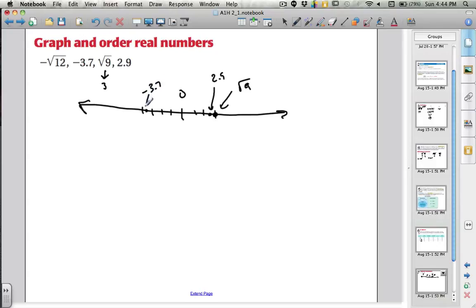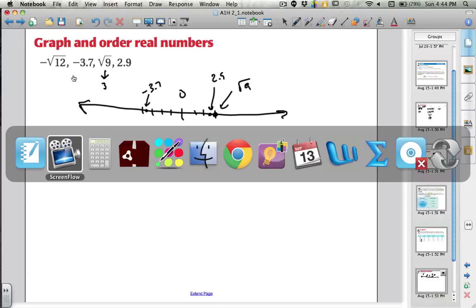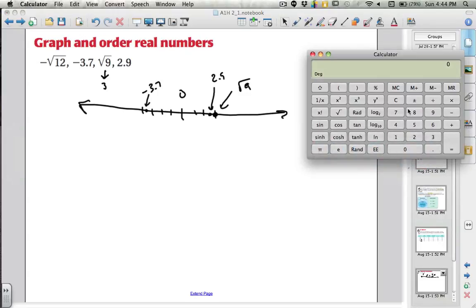So -3.7 is there. And when we look at -radical 12, well, I know that this is also between -3 and -4. Right? The square root of 16 would be 4. The square root of 9 is 3. It's kind of halfway in between. If I want to actually get a little closer, though, maybe I want to go ahead and find out what that value is and make it a decimal as well. So it's just a little under 3.5.